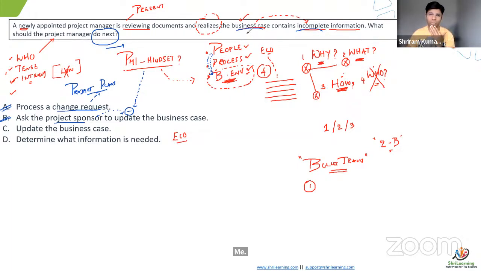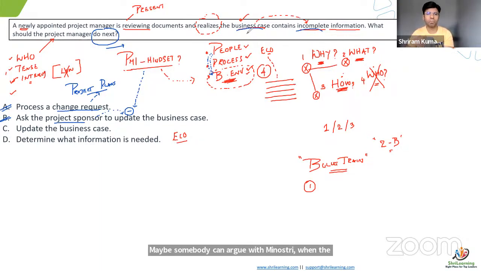Maybe somebody can argue with me, no Shri, when the business case is happening, parallelly my team started doing some planning also. But whatever it is, process a change request is a bit far from where we are today. So it's a bit vague. It doesn't give the actual outcome we want.